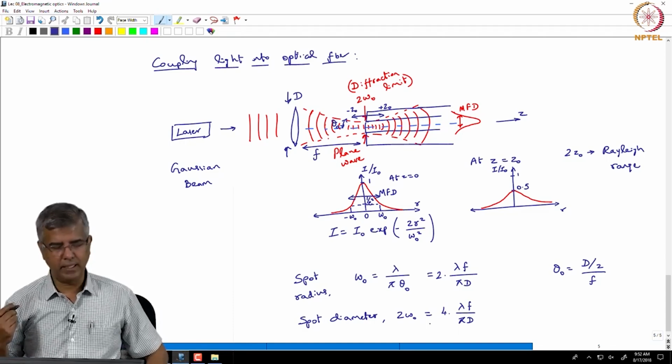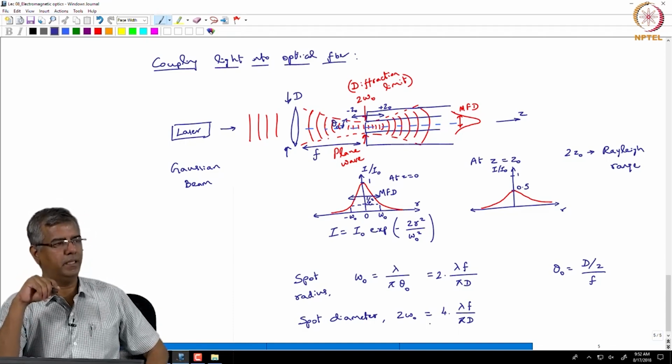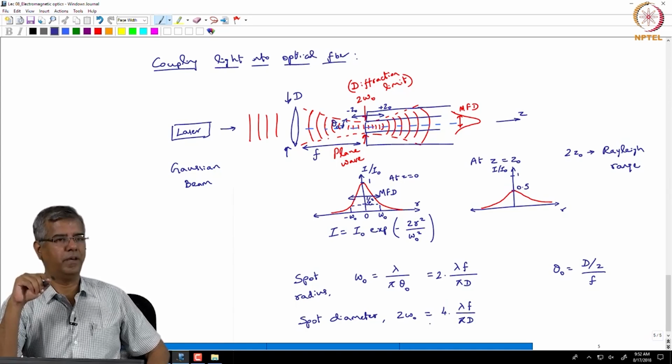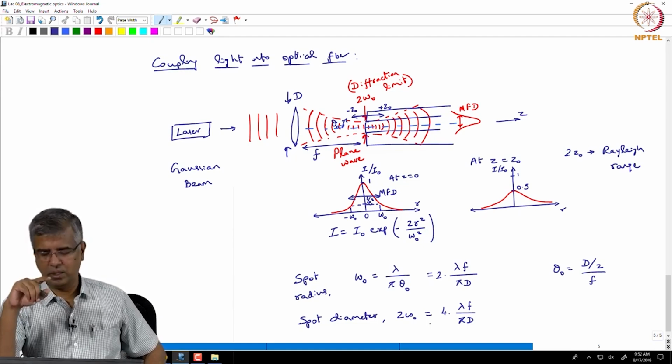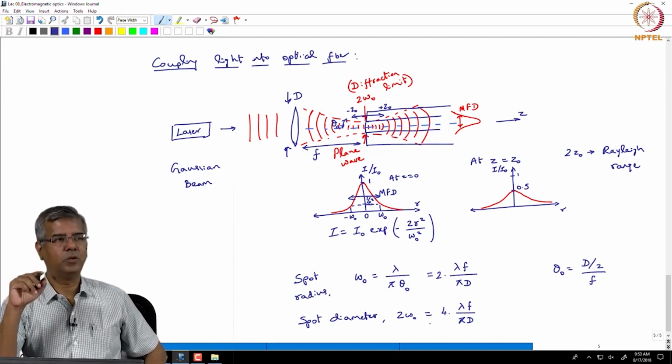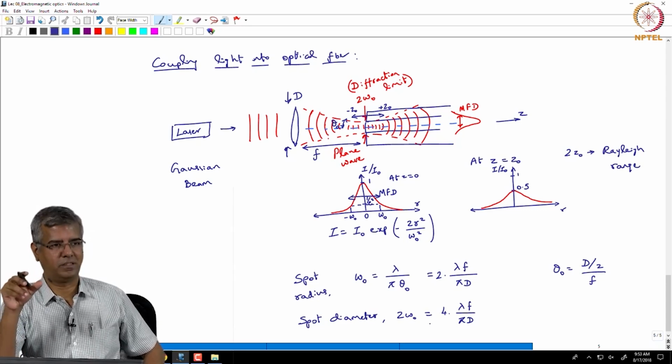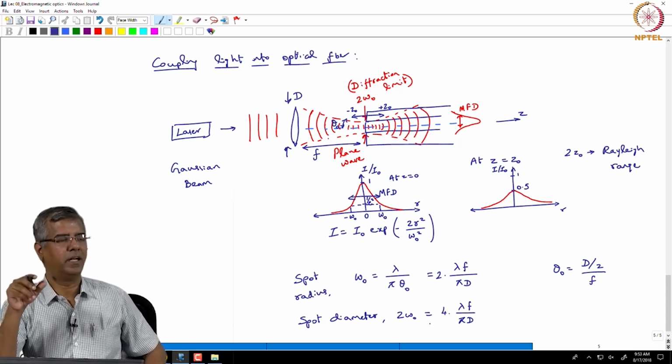Now of course you can get a smaller spot diameter if you go to shorter wavelength, which is a very, very important concept when it comes to something to do with semiconductors. If you are making semiconductor chips, you want to define features in your chip, and you go through a process called lithography.